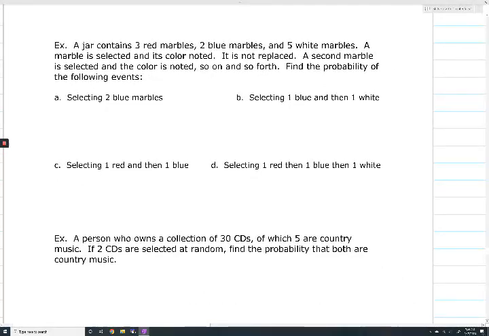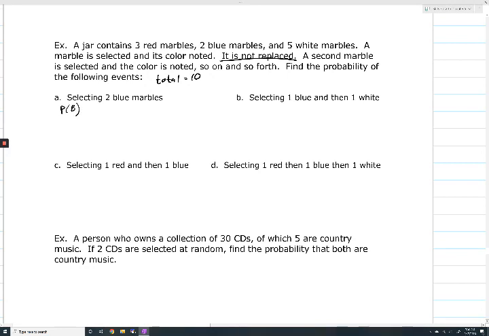All right, so we did this same setup in 13.3. We had the same 3 red, 2 blue, 5 white marbles. However, this time when we do it, we are no longer replacing them. So when it is picked, it is not replaced. So we still have 10 marbles, selecting 2 blue.